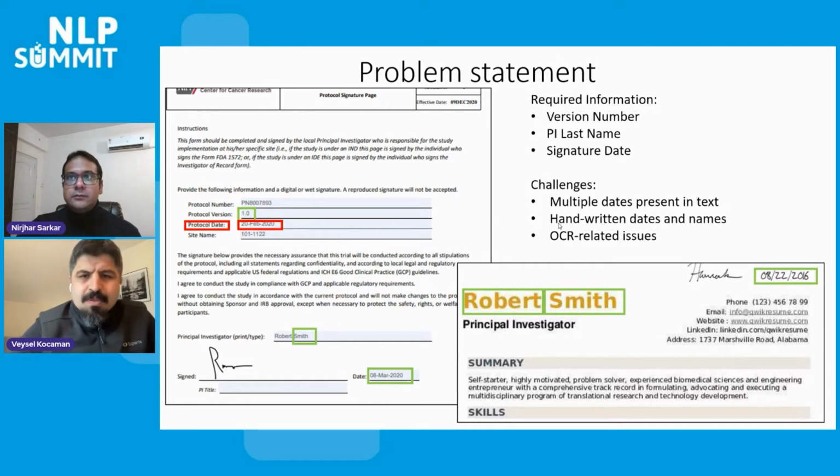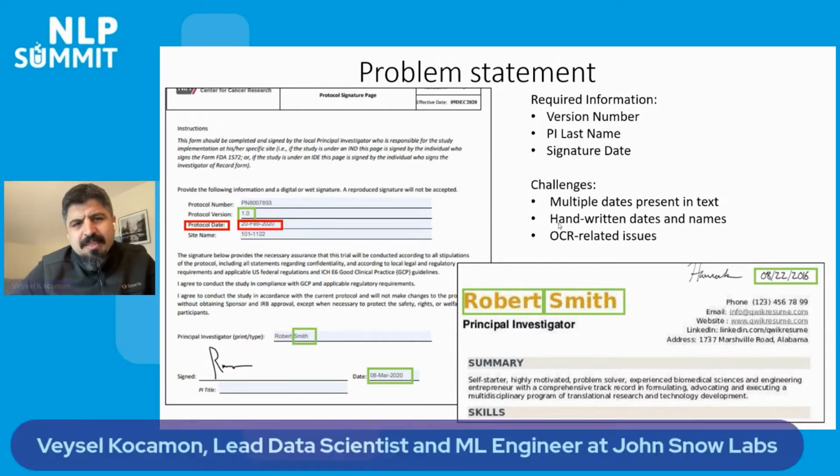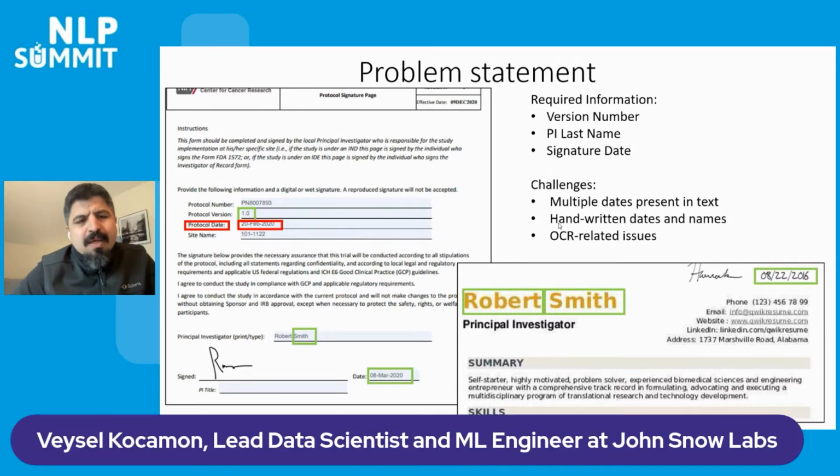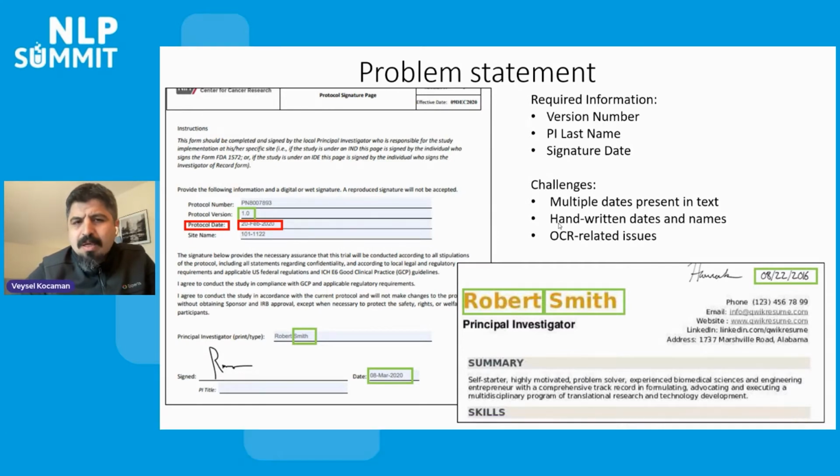Thank you, Nirjhar. So, as Nirjhar just briefly explained, we have more than 48 different artifact types, like a document type, and more than 25 different attributes to extract from all these artifacts and documents. As you can see on the slide, each artifact type requires different type of attributes from different region of the document.